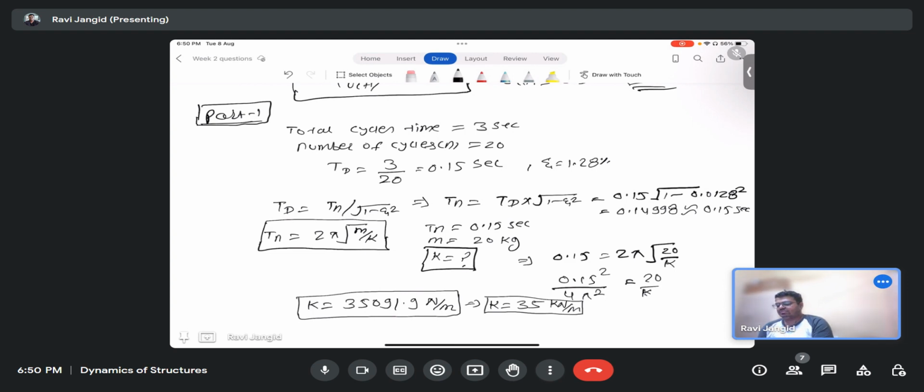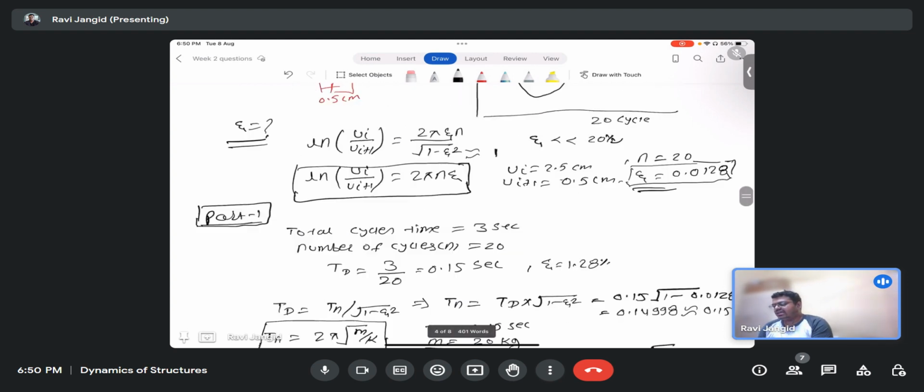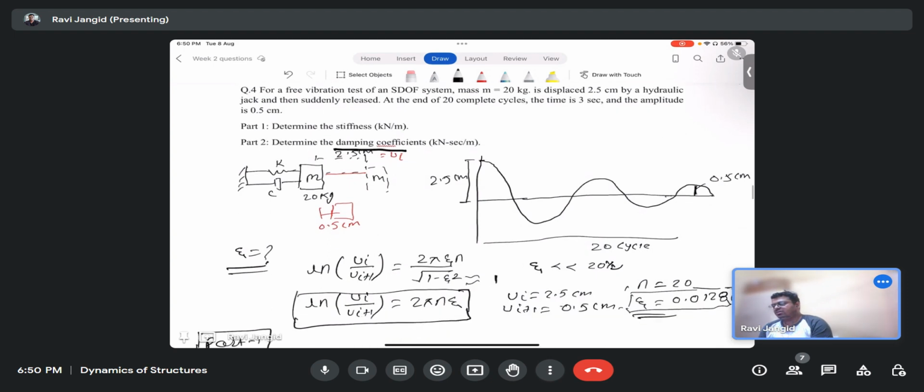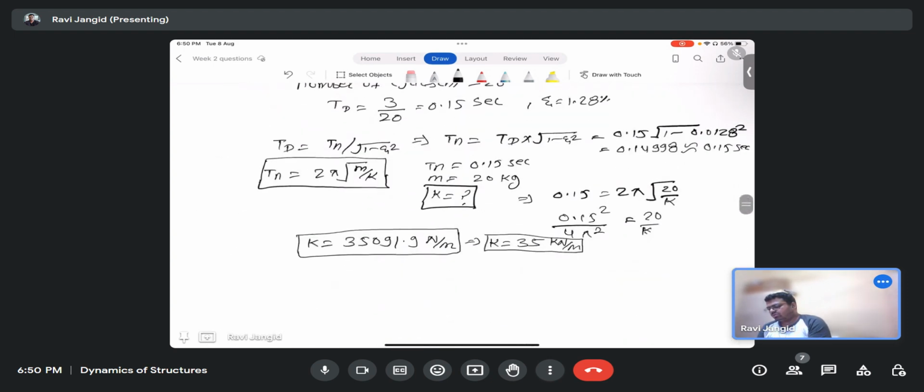Now I have the k. Now what I need to find out is the damping coefficient. So for part 2, damping coefficient. As we discussed, we have k, we have m.